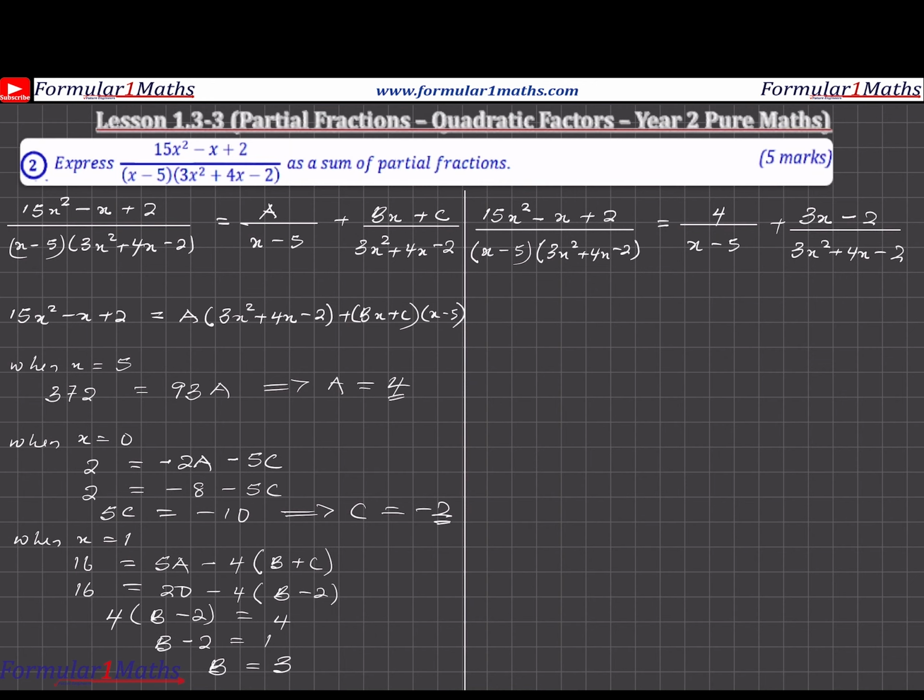And that is the required partial fractions for question 2.